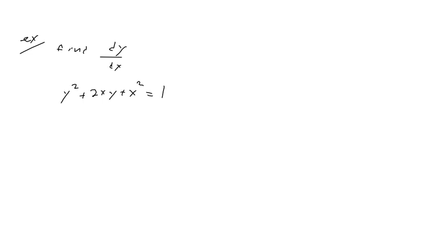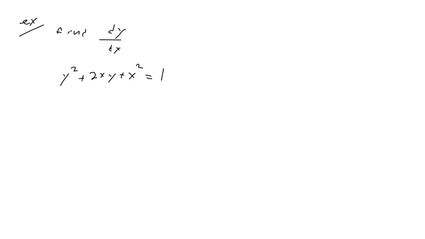Find the derivative, find dy/dx of this problem here. So this is an implicit equation. We are going to do d/dx of this equation, and we're going to follow through and find out what our derivatives are. Then we're going to isolate the dy/dx part and solve for that dy/dx part to get our answer.